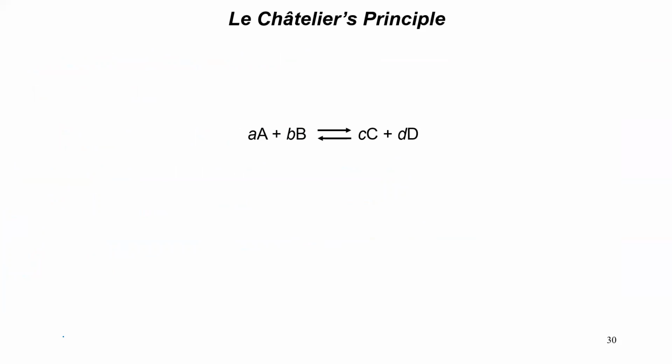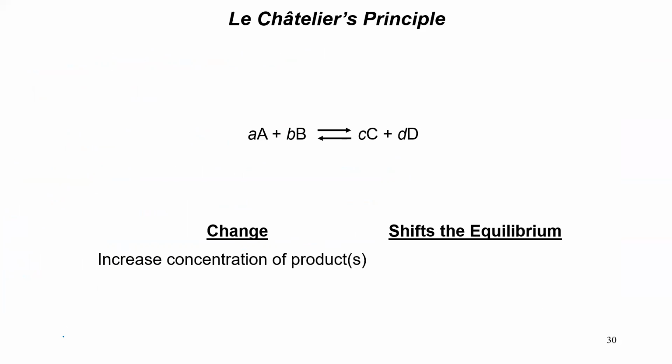When we talk about how things are going to shift, if we increase the concentration of the product, so that's adding something on the right. Again, I think about it like a bicycle. If you add product, that's like pushing forward on the right handlebar.